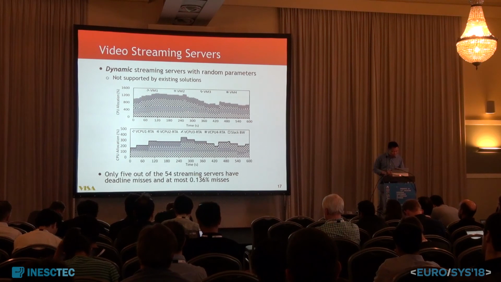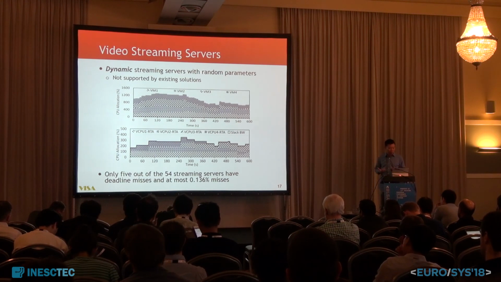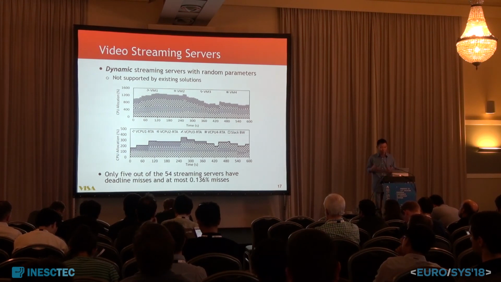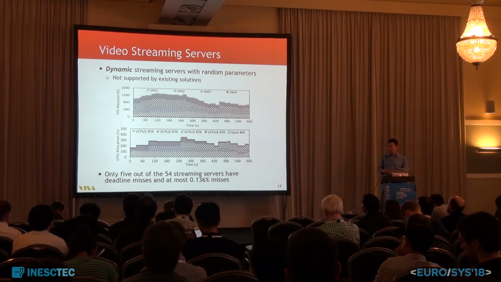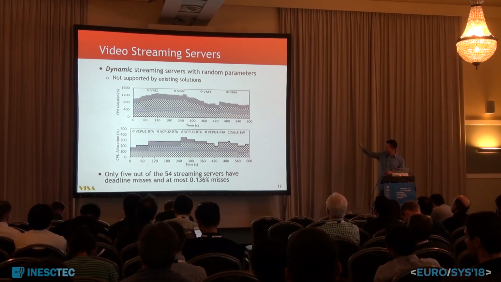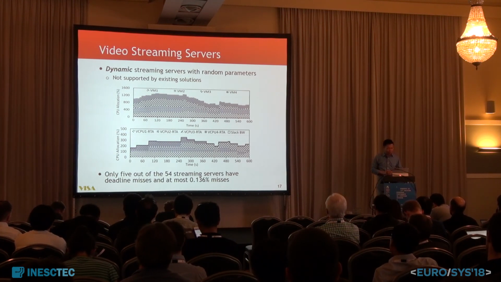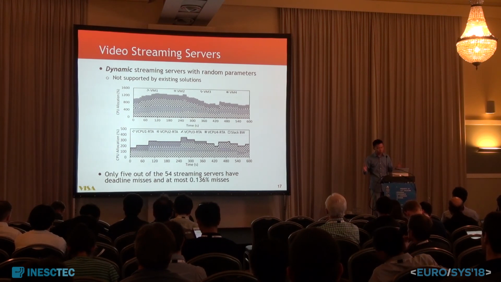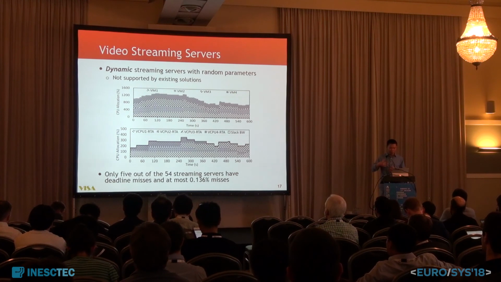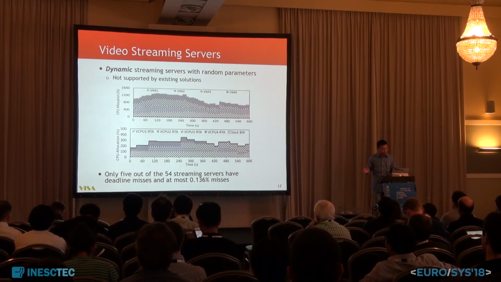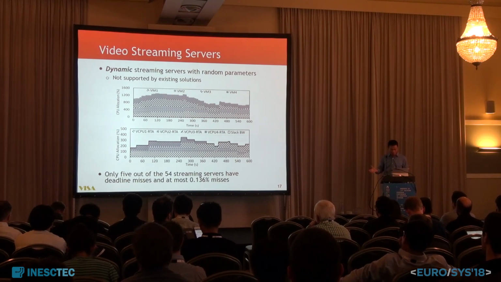Let me very quickly go through the next two experiments. In the second experiment, we want to study how we can support dynamic applications, so we use video streaming servers. Forget about this chart, it's too complicated to explain, but in general, we run a total of 54 streaming servers, and they came at different times, and also left at different times, and their bandwidth requirements were also set dynamically.